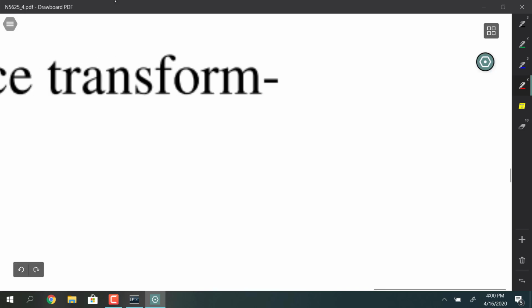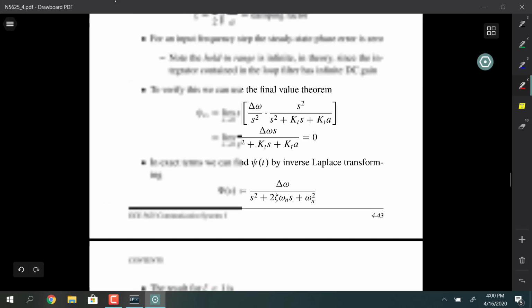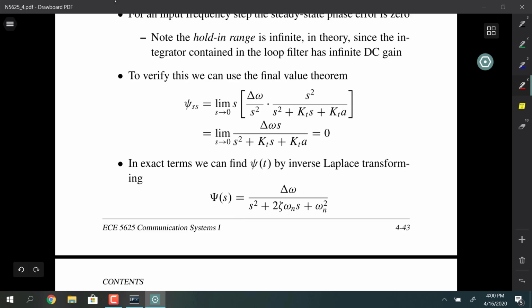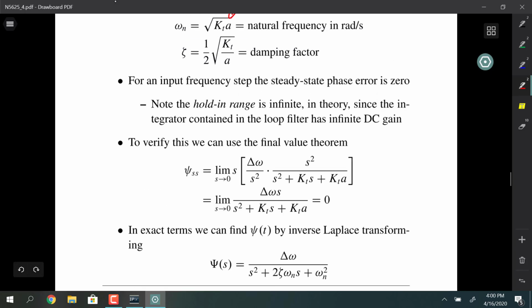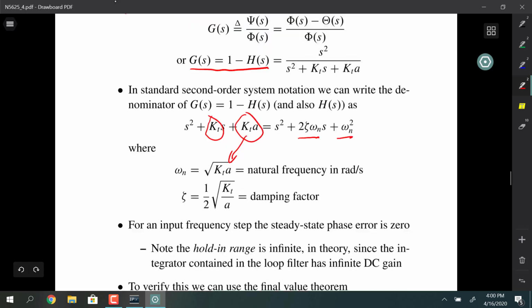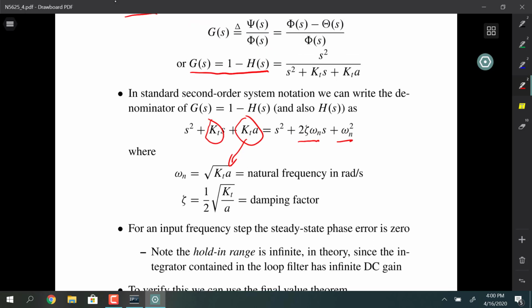What we are interested in doing right now, though, is seeing that for the second order phase lock loop, which is also known as a type 2 loop, type 2 means that we have 2 integrators in the closed loop system. We have an integrator due to the VCO and one due to the loop filter.